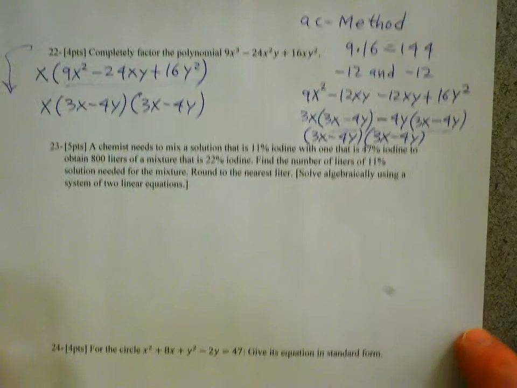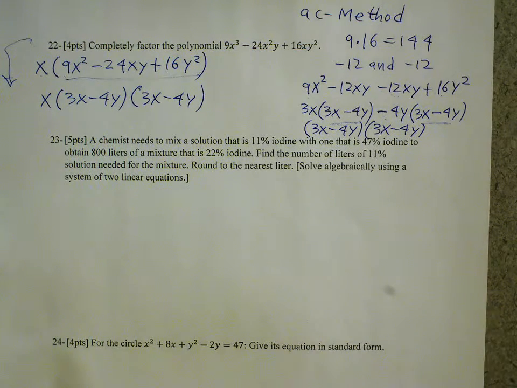Okay, in the next problem, a chemist needs to mix a solution that is 11% iodine with one that is 47% iodine to obtain 800 liters of a mixture that is 22% iodine.